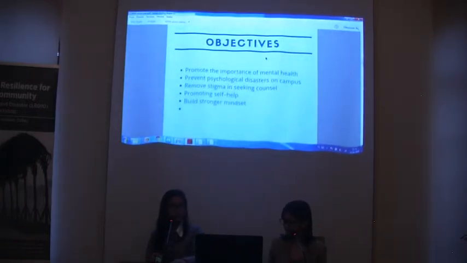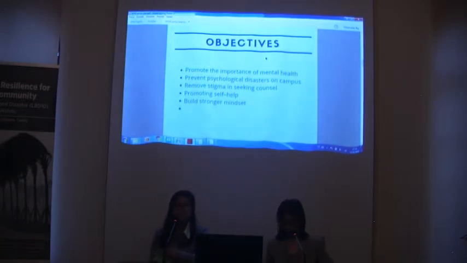Our objectives in this Mind Your Mind action plan are to promote the importance of mental health and prevent psychological disasters on campus. As of recently, we've seen that on campus, though we have advocacies and programs that help in mental health awareness, the implementation is not as strict and strong as we hope.